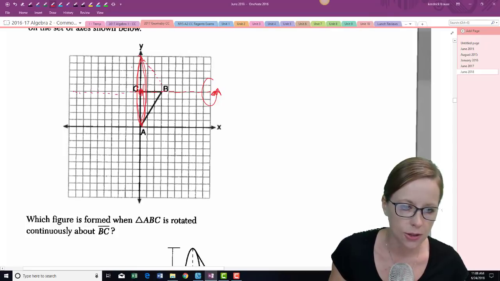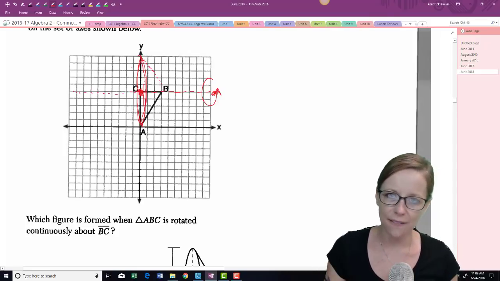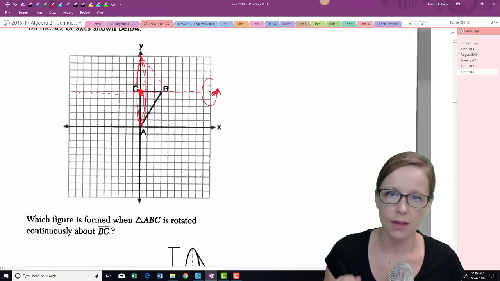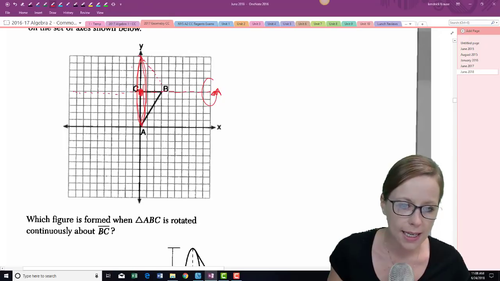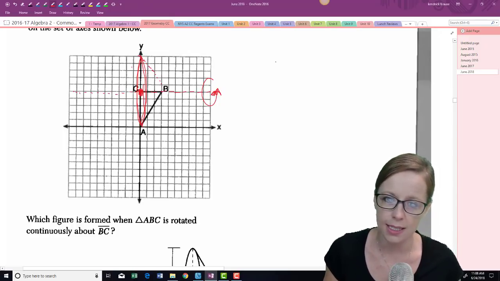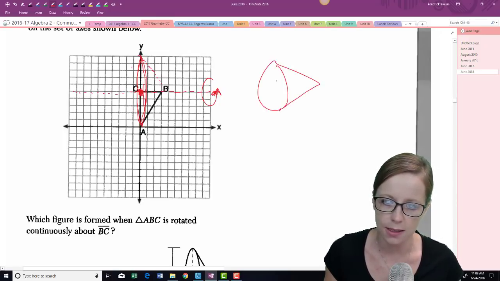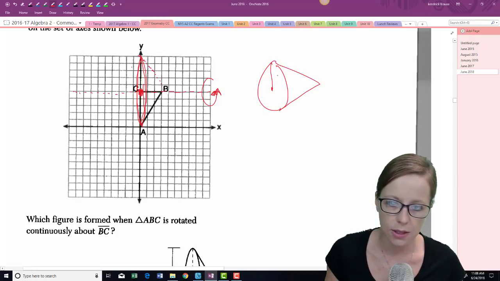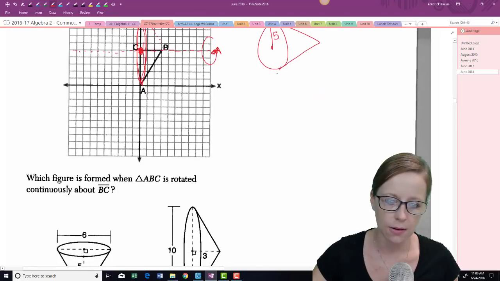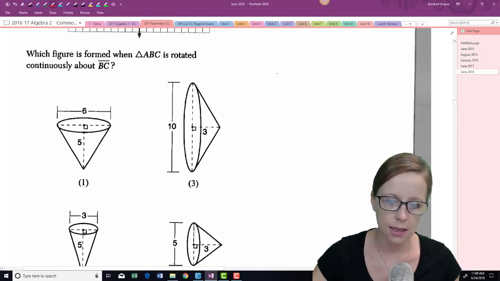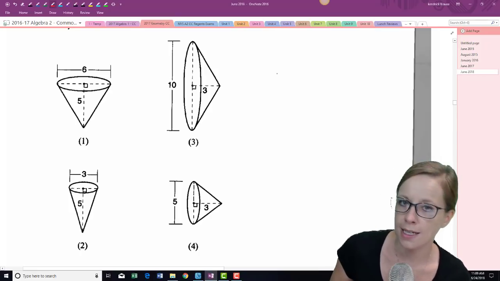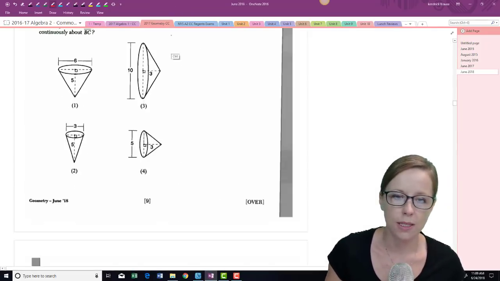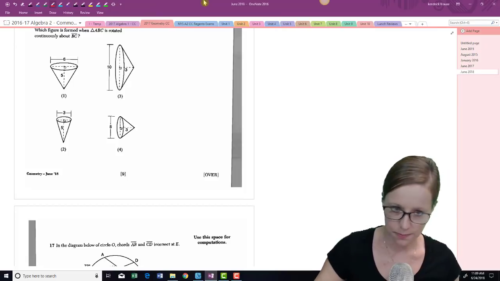But now here's the thing. The center of rotation is here. The definition of radius is from the center to the edge. The radius of this cone that's now on its side, right, looks like this. The radius of this cone is 5 units. So if you look down here, you can easily be tricked, okay? If the radius is 5 units, what's the diameter?